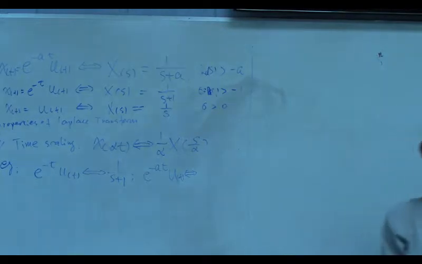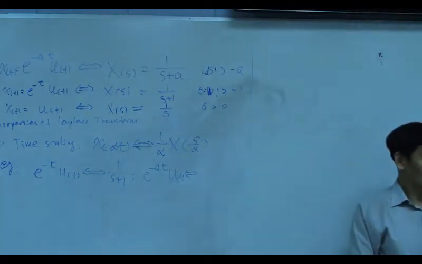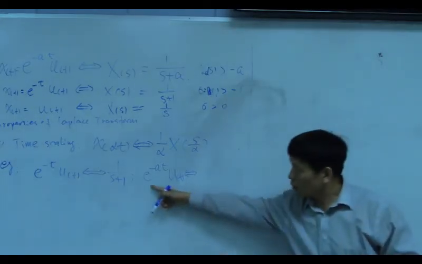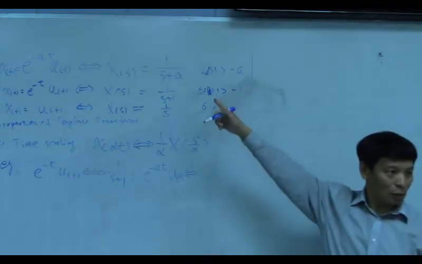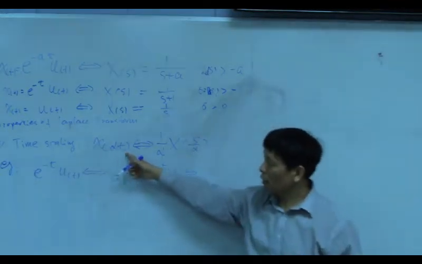What is this? More active participation, can you tell me? What's the Laplace transform of this one? Don't look at the top. I want you to utilize the time scaling property to prove that that is correct.